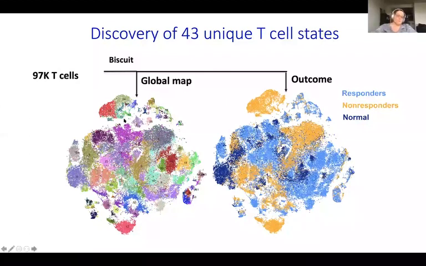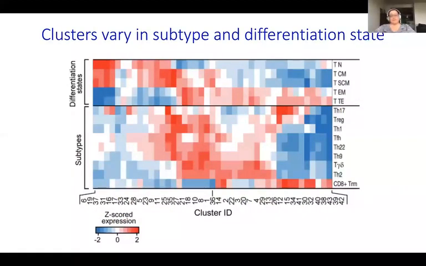And so we wanted to dig in deeper. We saw that the clinical covariates that we cared about had structure. And first, we wanted to see, can we annotate these structures?